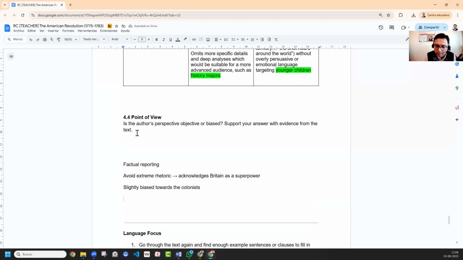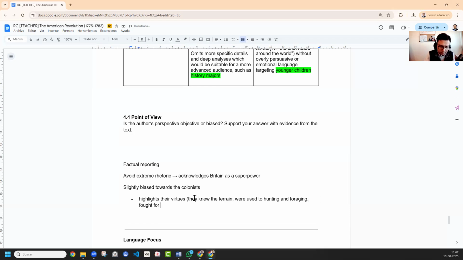Okay, so he highlights their virtues. For example, in one part, the author states that they knew the terrain, were used to hunting and foraging, and fought for self-governance.